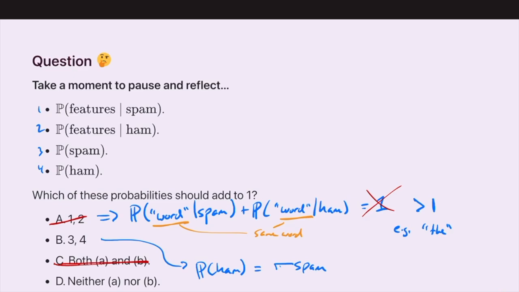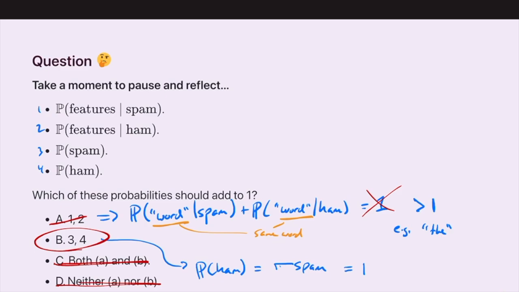It's ham or it's not ham. You can't have a world in which the email is neither spam nor ham. It's not a Schrodinger's cat type of situation. It must be one or the other. Therefore, both these probabilities must add up to 1. So this is our answer.